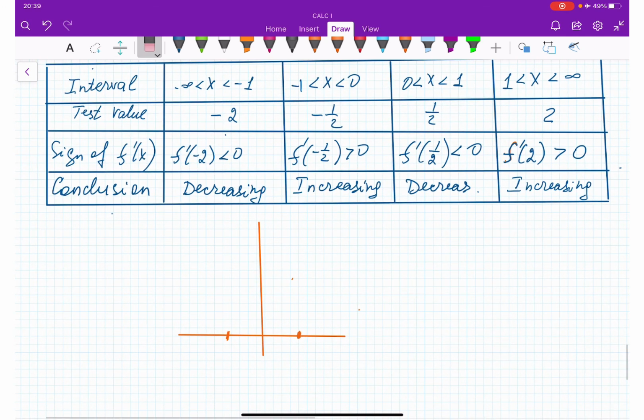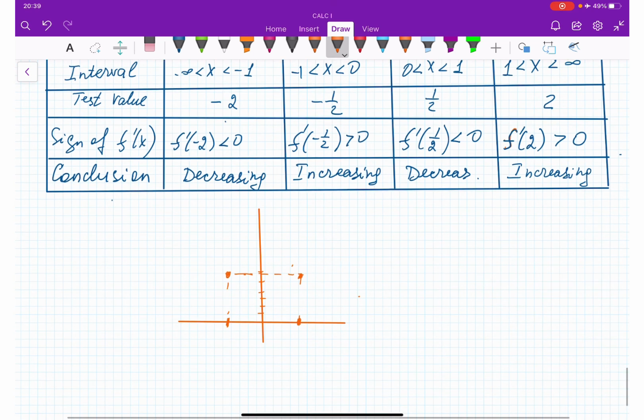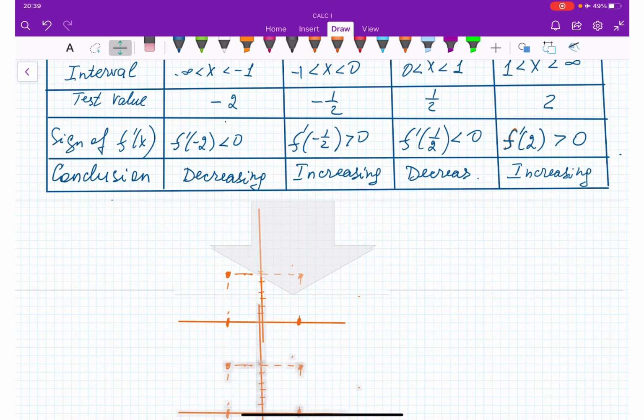So if this is 1, 2, 3, 4, 5, 6. This is going to be positive 2. This one and this one. So let me bring this down so we can draw.